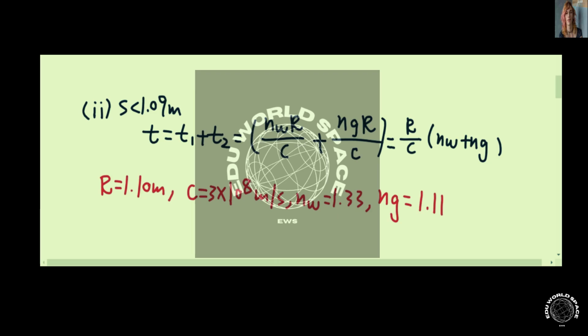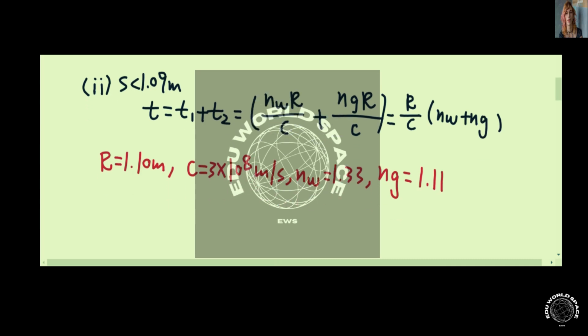We know R, which is the radius, is 1.10 meter, and C is the speed of light. NW is the index of refraction of water, which is 1.33, and NG is the index of refraction of the gas, which is 1.11.